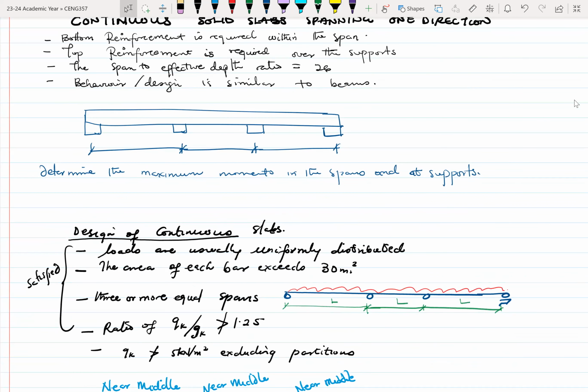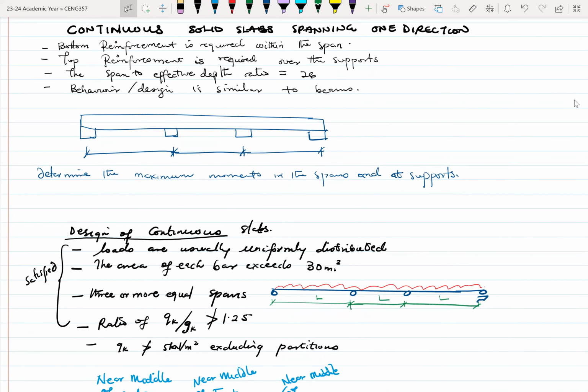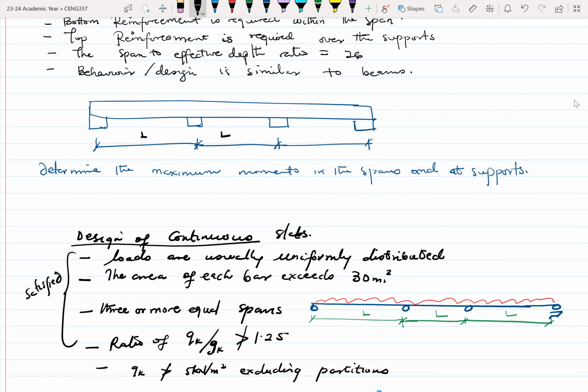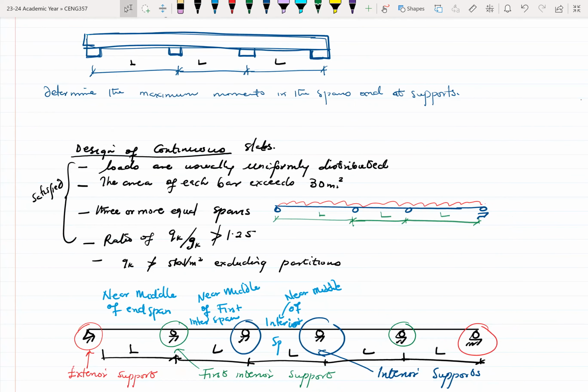All right. The other way, which normally happens, is that sometimes you come across slabs which have equal spans. So let's say the spans are equal. So this is a typical slab with equal spans. If that is the case, then if it's able to satisfy a few parameters, which I've written here already, the loads should be uniformly distributed.